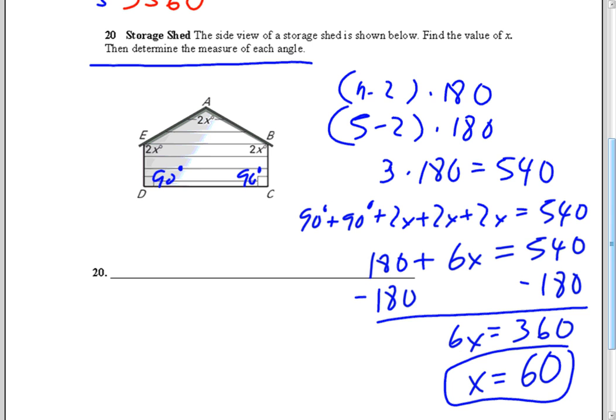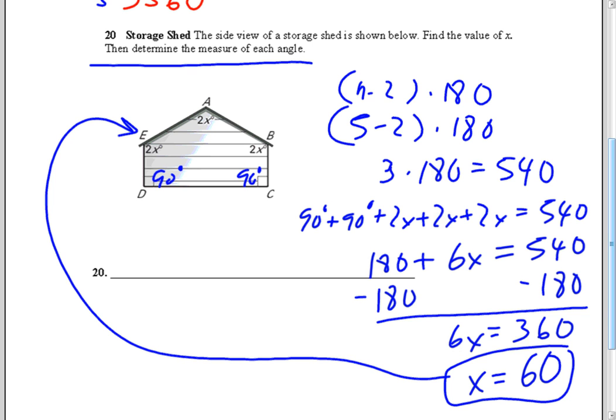Determine the measure of each angle. You had to take this and substitute it back into here. What's 2 times 60? 120, 120, 120. That would have given you full credit. 90, 90, 120, 120, 120.